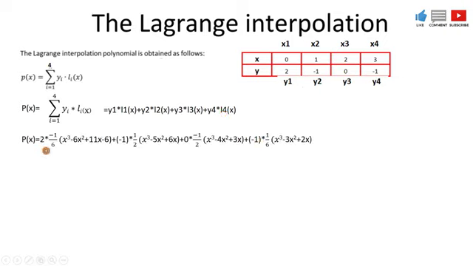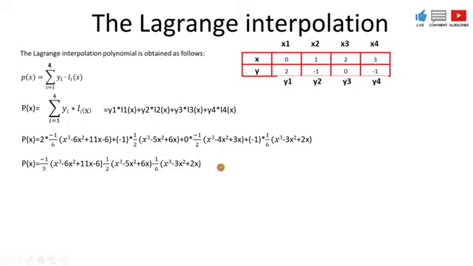Okay, y1 is equal to 2, multiplied by the first Lagrange function, plus y2 equal to minus 1 multiplied by the second Lagrange function, plus y3 which equals 0 multiplied by the third Lagrange function, plus y4 which is equal to minus 1 multiplied by the fourth Lagrange function. The third term will be 0 because 0 multiplied by any number will be 0.